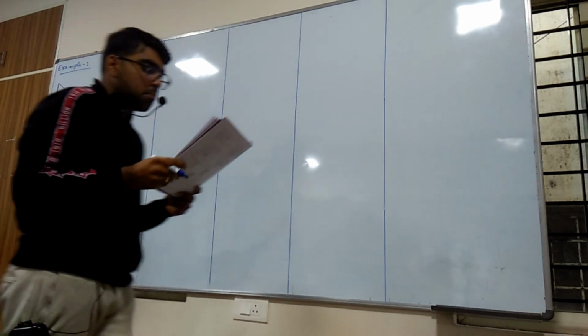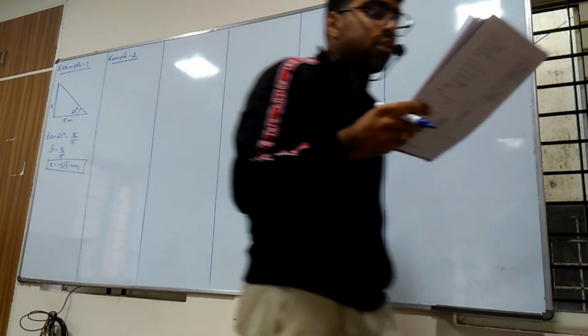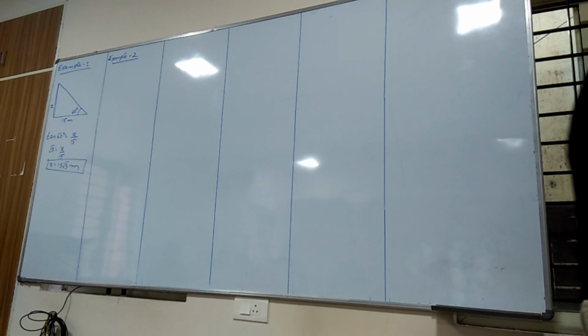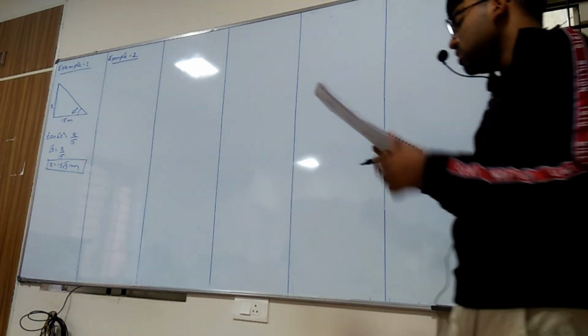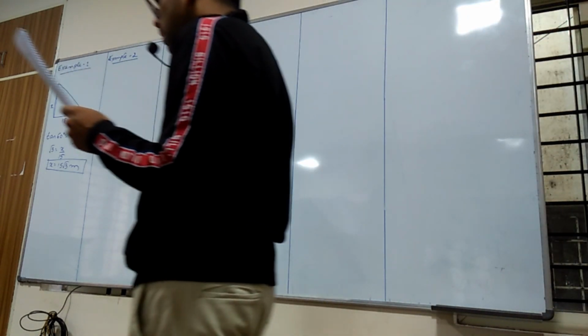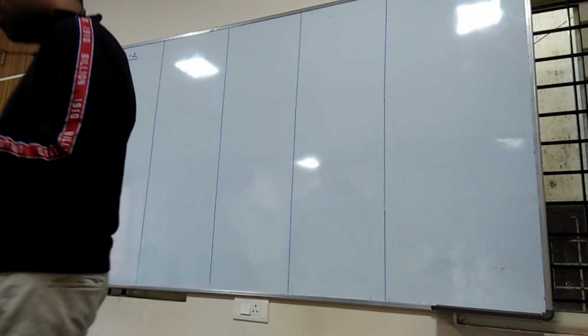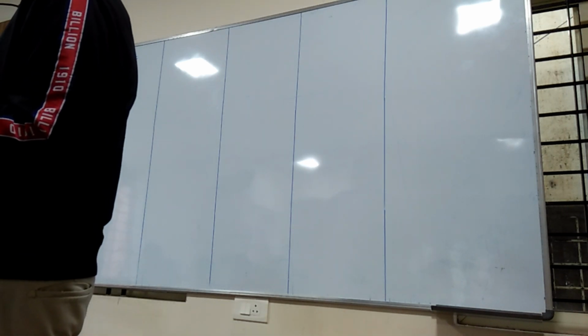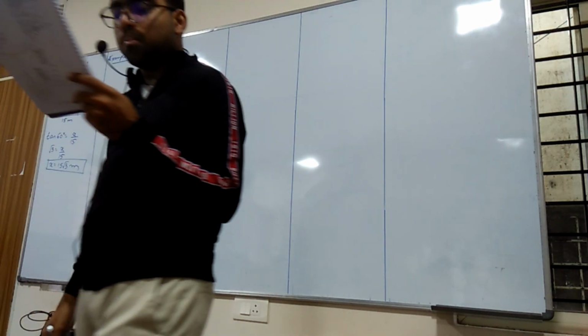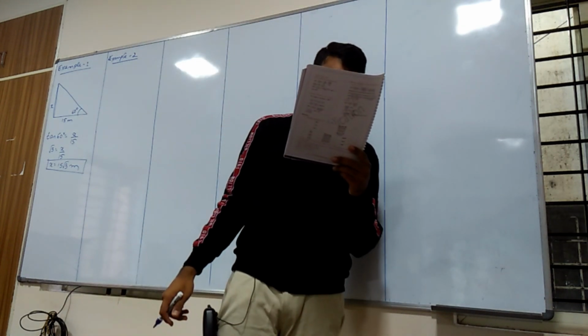Okay. Example 2. An electrician has to repair an electric fault on a pole of height 5 meters. She needs to reach a point 1.3 meters below the top of the pole and do the repair work.